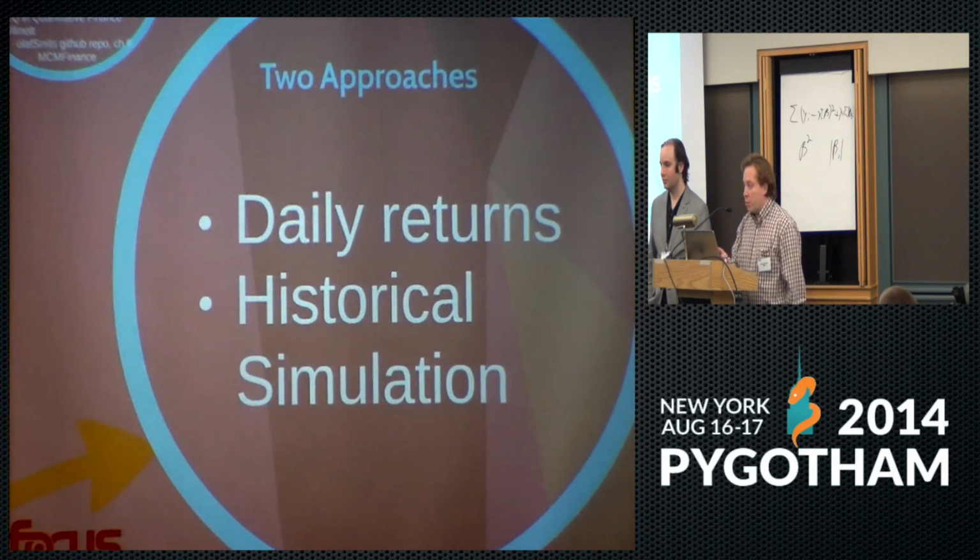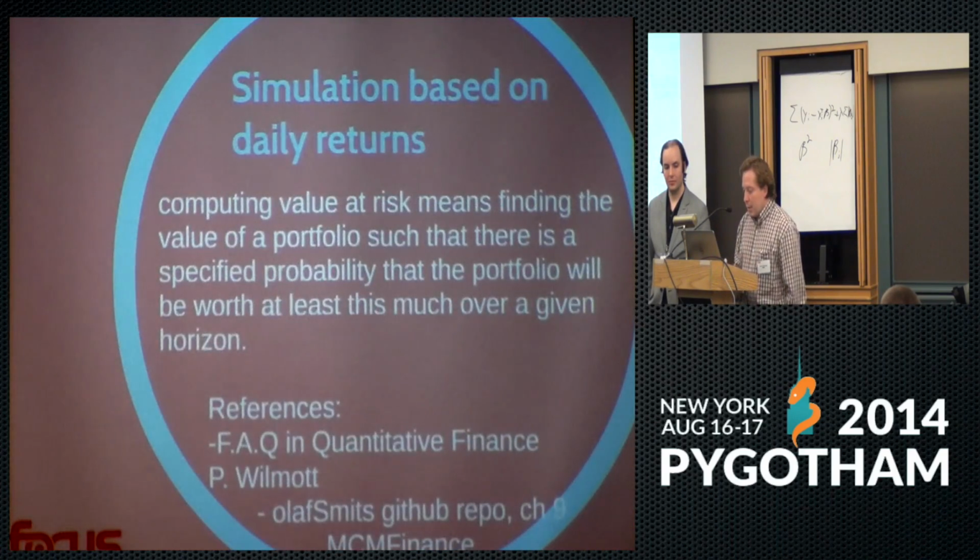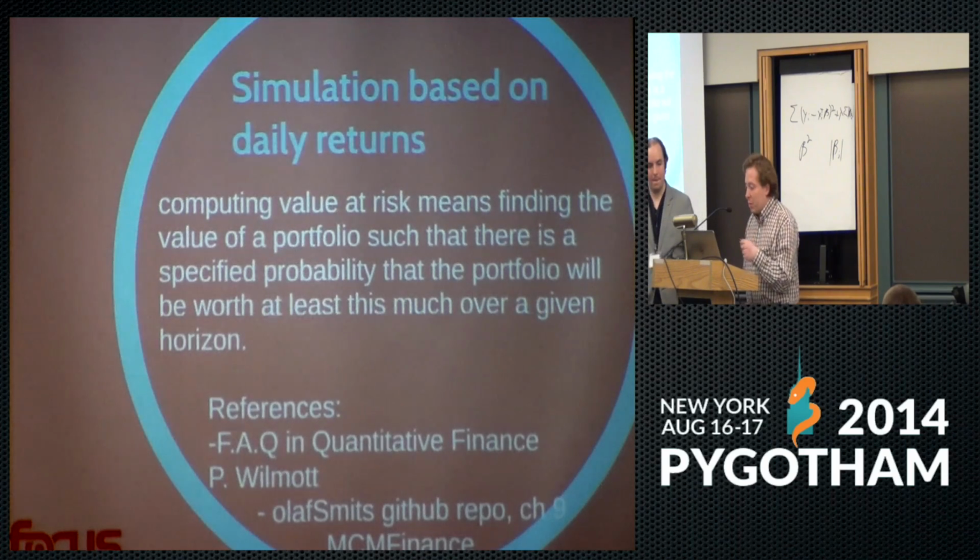So we had two approaches. One that I'm going to show you, which is just for one portfolio, and then I'm just going to show you a historical simulation that is going to generalize this concept. So the computation of the value at risk is just, under a specified probability or confidence interval, give me what is the expected loss for my portfolio.